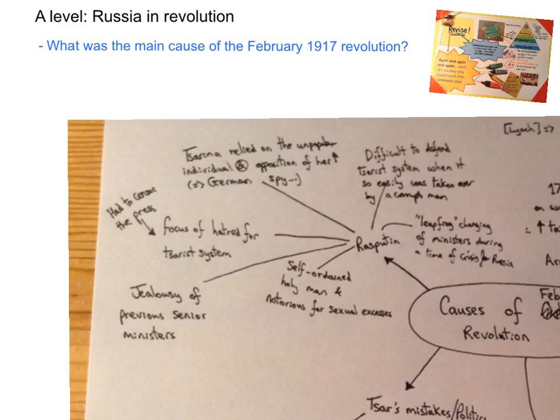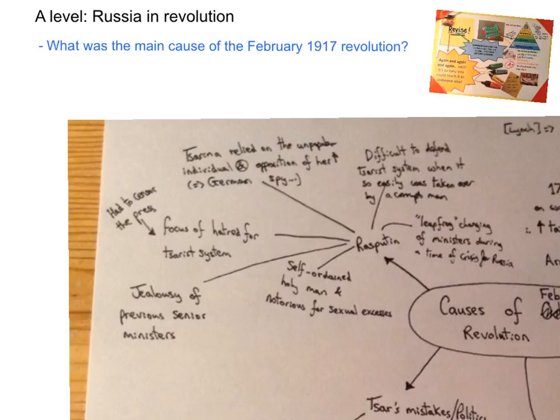But arguably, we've briefly mentioned him, but definitely a key reason why there's a revolution in 1917 is Rasputin himself. He's a self-ordained holy man, or was rather, and was also notorious for sexual excesses, and his behaviour was seen as very unbecoming and damaged the reputation of the dynasty, the Romanov dynasty, as they were being sort of tarred with the same brush as Rasputin.